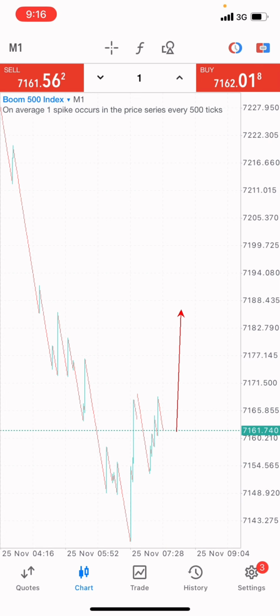Because if I place, let's say if you have a small account, you do not want to place a buy. Anybody that has a smaller account should avoid catching spikes, because with your small account, if you tend to catch spikes, you need to know that the market would be selling on the boom market.